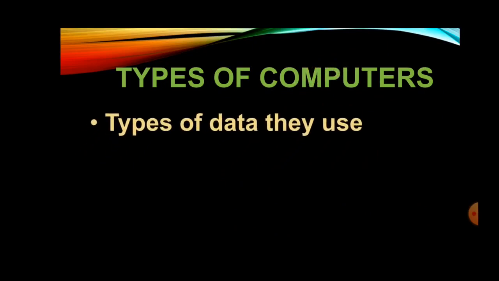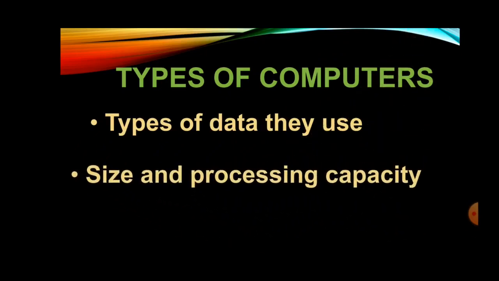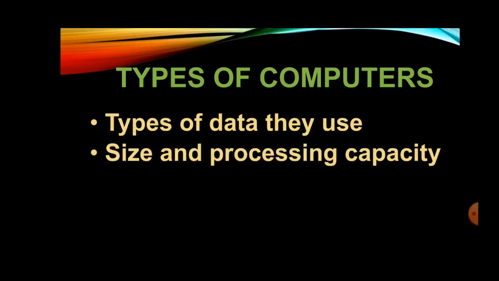Types of computer. In this, first of all, the type of data they use. It will be decided by the types of data they use, like digital, analog, hybrid, etc. The second one is size and processing capacity.